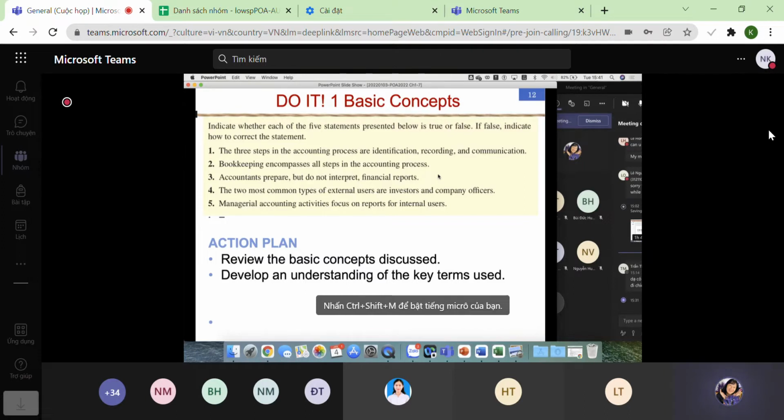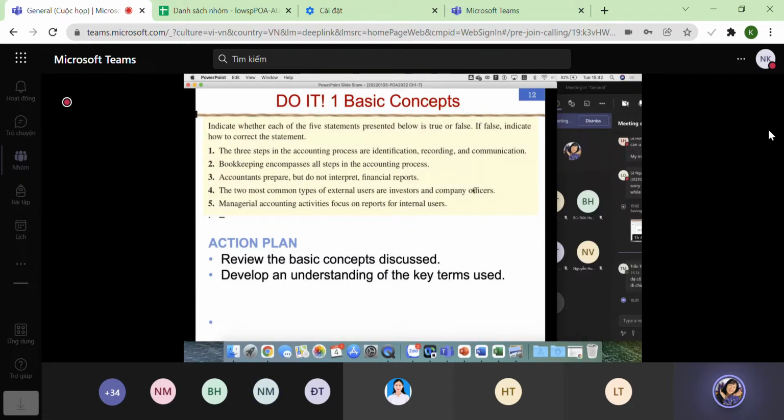The two common types of external users are investors and who? The two most common types of external users are investors and creditors. So statement number 4 is false, right?